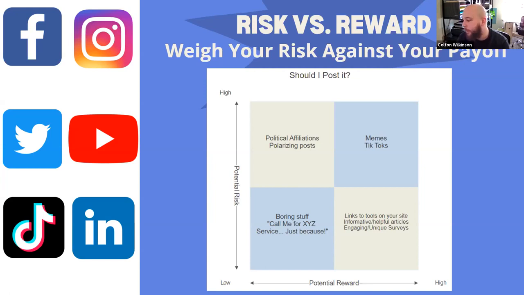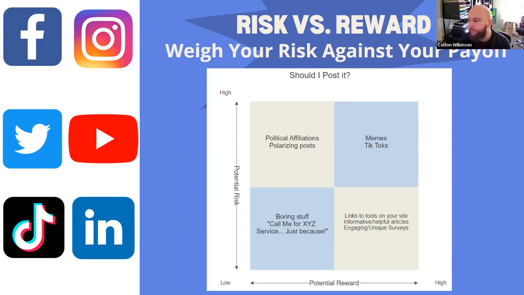And then bottom right corner, this is high reward and low risk. So you kind of want to stay more in this quadrant if you can most of the time. These are links to tools on your site, informative, helpful articles, engaging, unique surveys, basically anything that's going to be helpful content for your target audience. So if you have some tools on your website, like a loan calculator or a room visualizer, something like that, that's a perfect thing to post, on any social media platform.